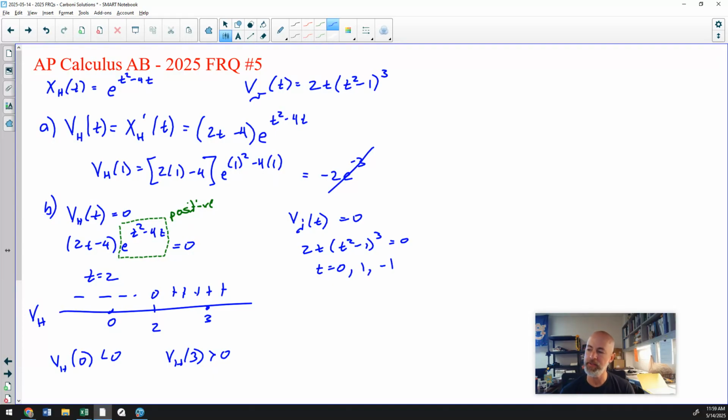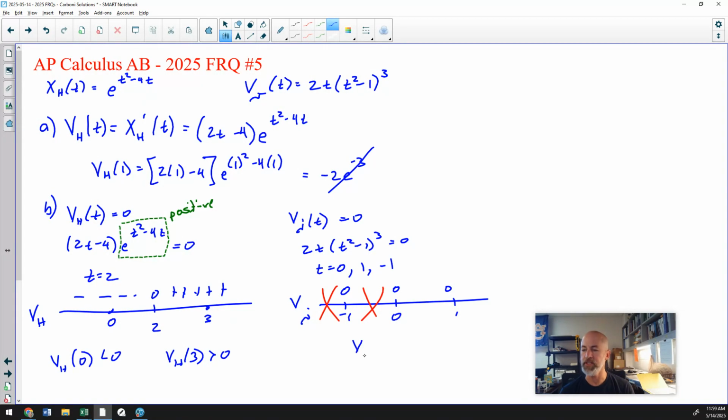However, since we're on the interval 0 to 5, while I do have a 0 velocity at 0, negative 1, and positive 1, the context of this problem makes this a little bit convenient because I really don't need to worry about anything left of 0. I'm only going to concern myself with values that are on the interval specified.